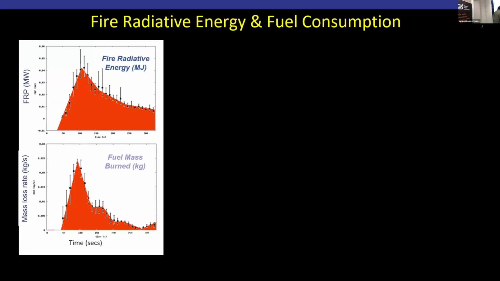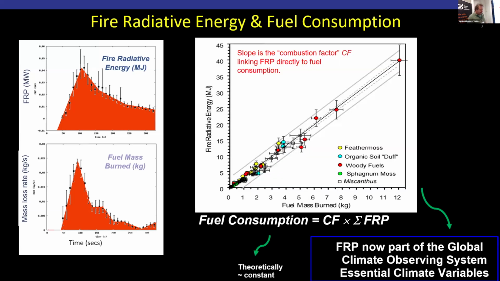And this is the rate of fuel consumption, because the whole thing was on scales. You can measure the whole fuel mass burn just by taking the two different weights at start and end, one from the other. And you can measure the whole amount of radiant energy emitted by the fire by the integral under that curve. We did that, and what we found was this nice graph here.